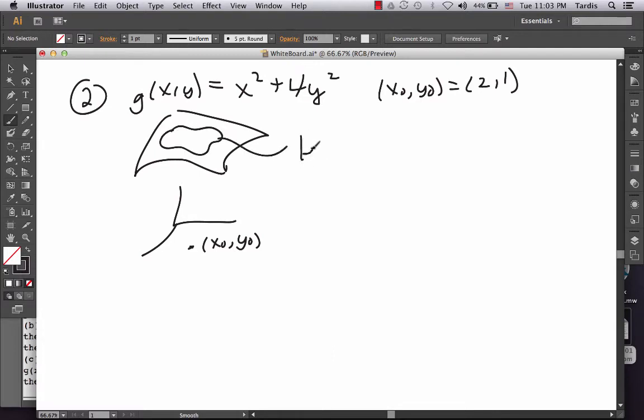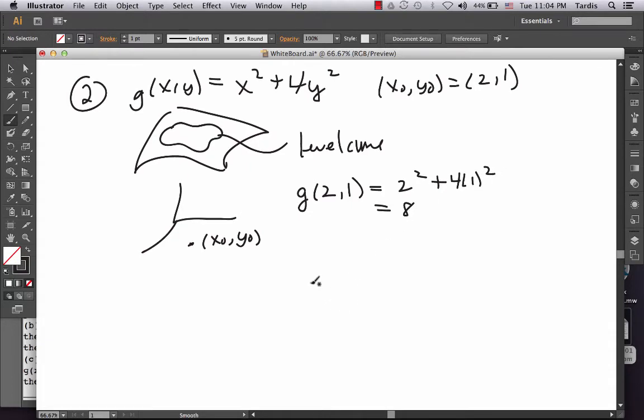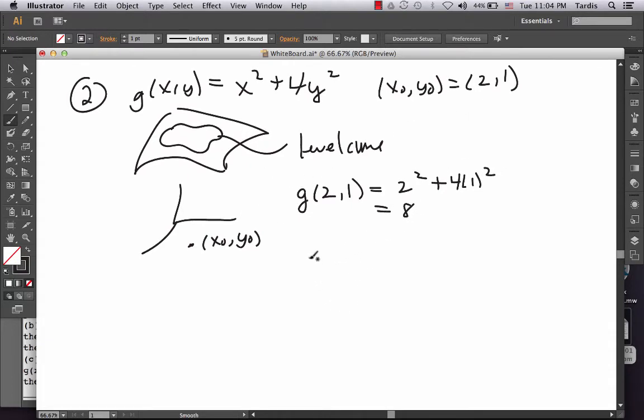So we need to compute the level curve. Which level curve is that on? If you look at the point g of 2, 1, that would be 2 squared plus 4 times 1 squared. That would be 8. So if you look at this curve, 8 is equal to x squared plus 4y squared.